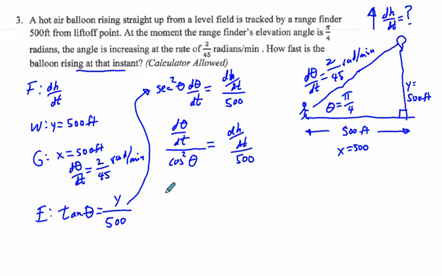So dh dt is going to be equal to, cross multiplying, 500 d theta dt over cosine squared pi over 4, because that is our angle.